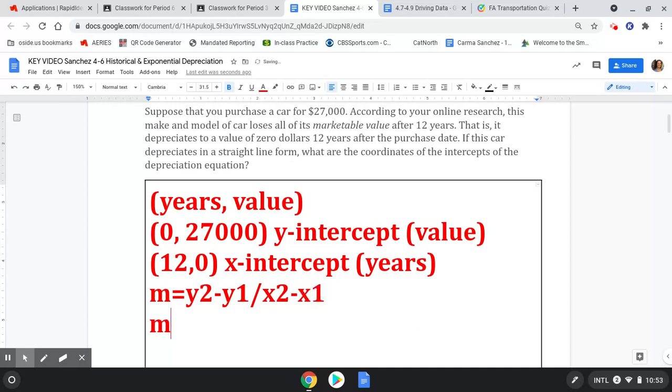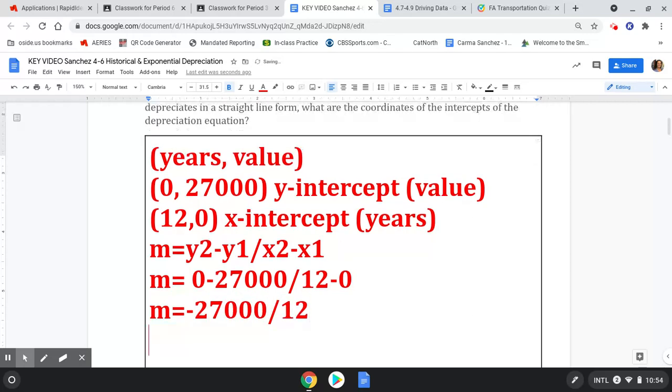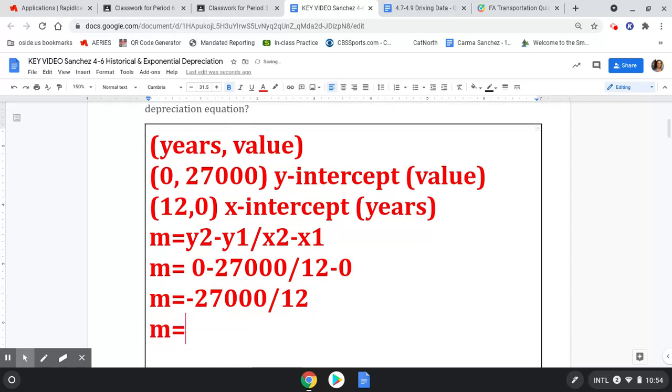And so we would go 0 minus 27,000 as your y minus y over 12 minus 0. And when you get negative 27,000 over 12, we get a slope of negative 2250.